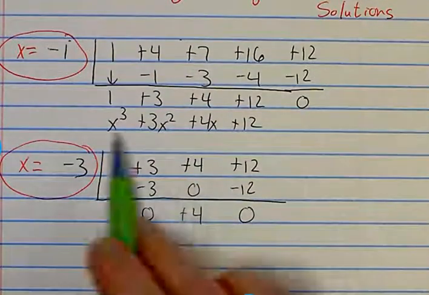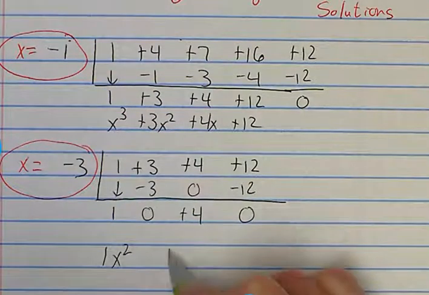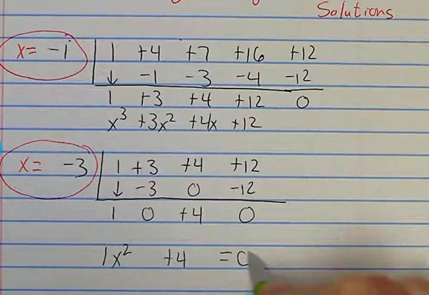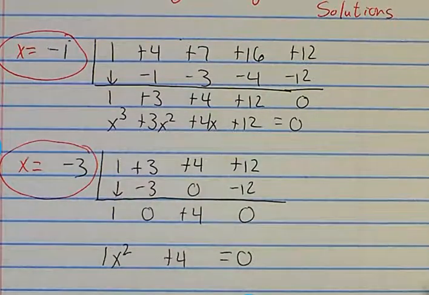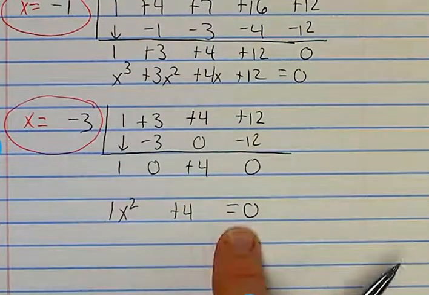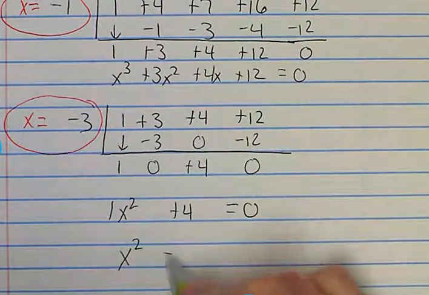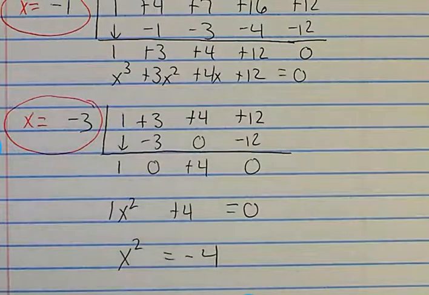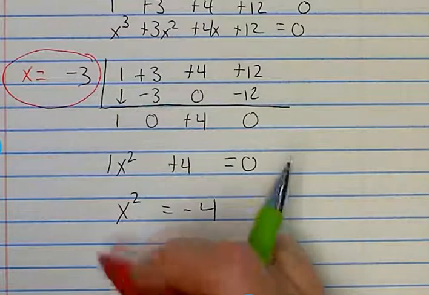Since this one started off with x to the third, now this one's going to start with x squared. This is 1x squared plus 4 equals 0. Now, if it's just x squared plus 4 equals 0, how could we solve this? Square root it, right? So we move the 4 over here: x squared equals negative 4. Square root both of the sides.